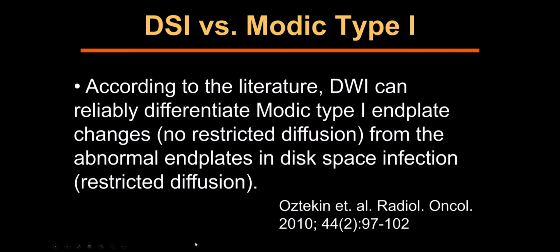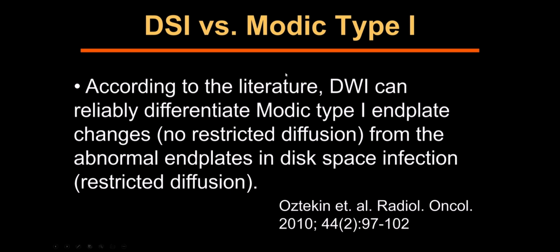Now, according to the literature, and I say according to the literature because in my hands this was a little bit difficult, diffusion-weighted imaging can reliably differentiate Modic Type I end plate changes with no restricted diffusion from the abnormal end plates in a disc space infection.